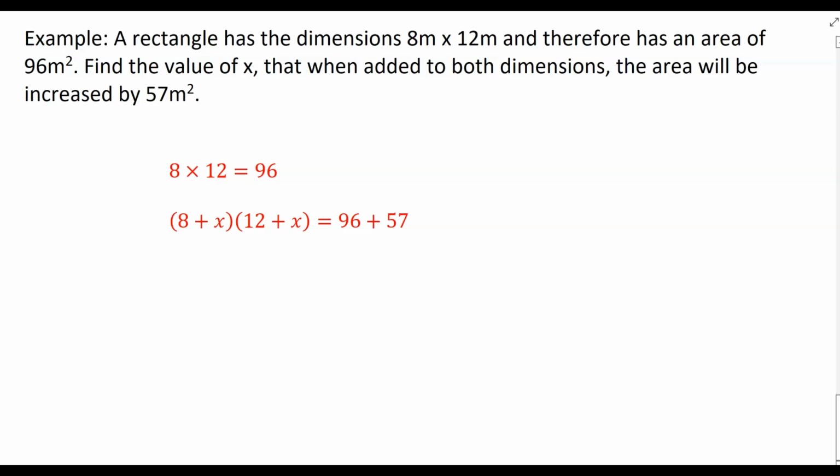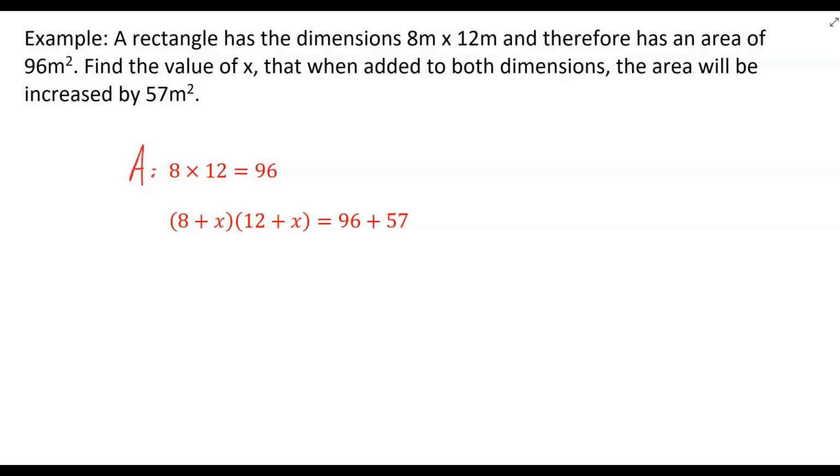So you'll notice I wrote down an area formula here for the original rectangle. 8 by 12 is 96. Now what we're asking is, if we increase the 8 by an amount and we increase the 12 by the same amount, then the area will be increased by 57.